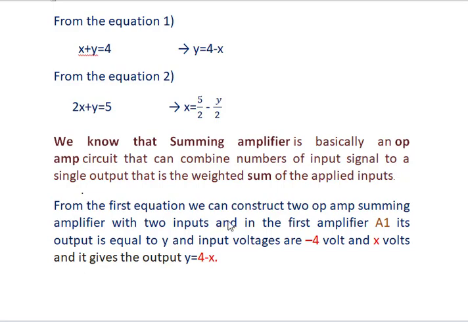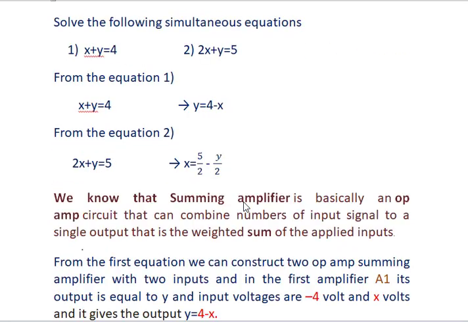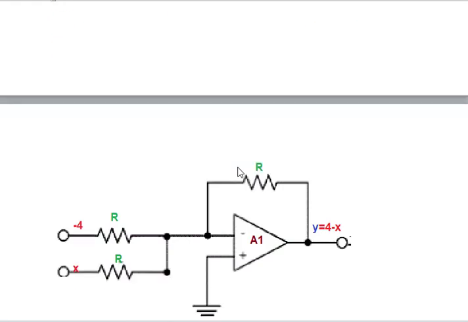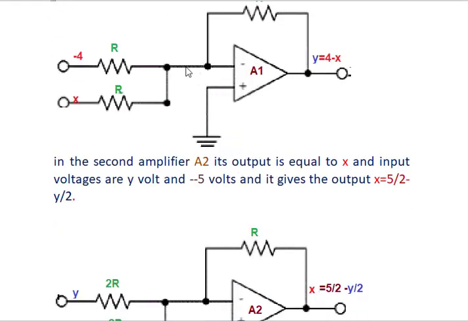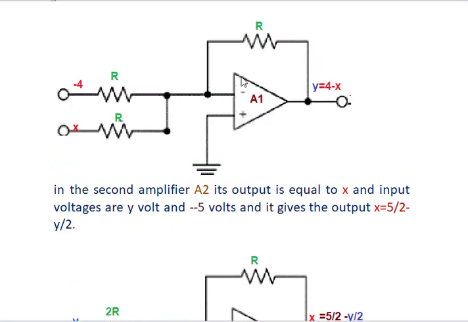From the first equation, we construct a summing amplifier with two inputs. In the first amplifier A1, the output is equal to Y, and the input voltages are minus 4 and X. See here. It is the first summing amplifier.